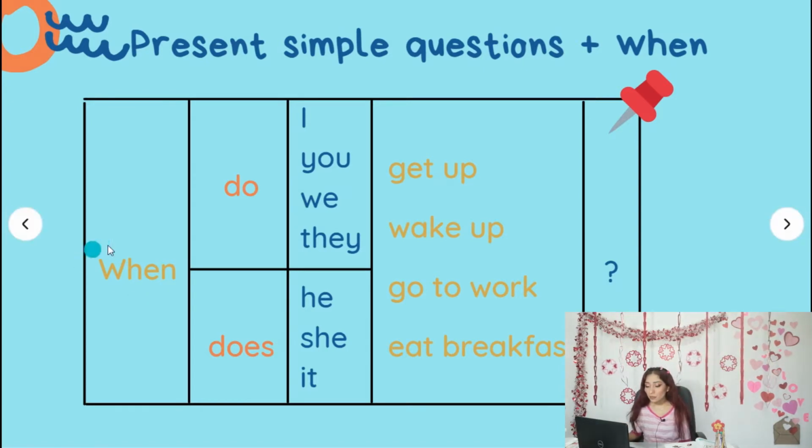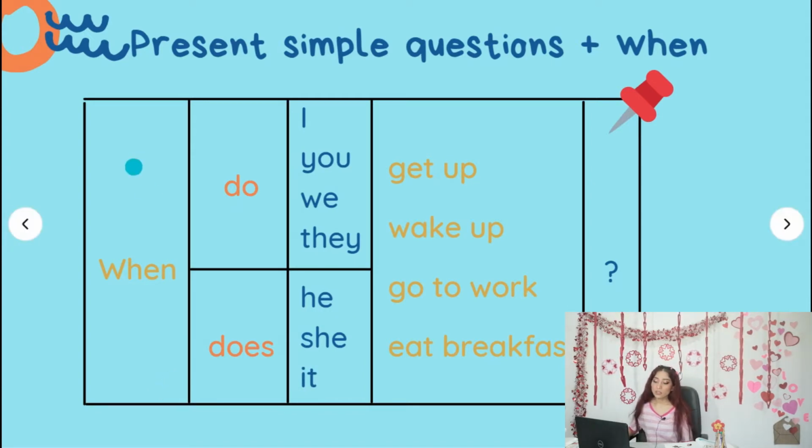Next to it, we choose between do or does depending on the personal pronoun or the subject. Remember that if you are using I, you, we, and they, you use do, okay? But if you are using he, she, or it, you need to use does.